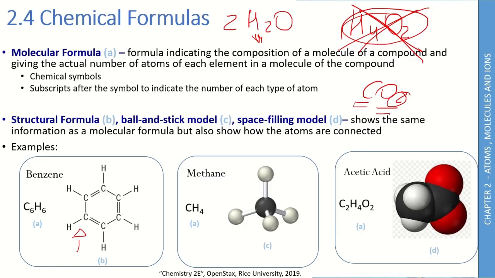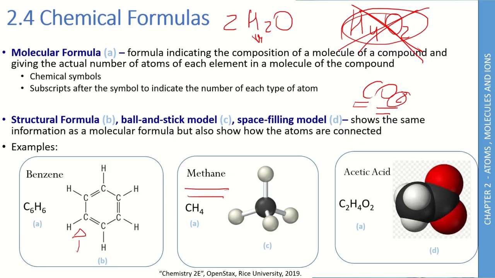Okay, so the structural formula is this. We display the structure of the molecule. Here I have benzene, with 6 carbon in a ring, see, the cycle, and 6 hydrogen. And here we have the ball and stick model, the 3-dimensional ones, and the space filling model, like here.